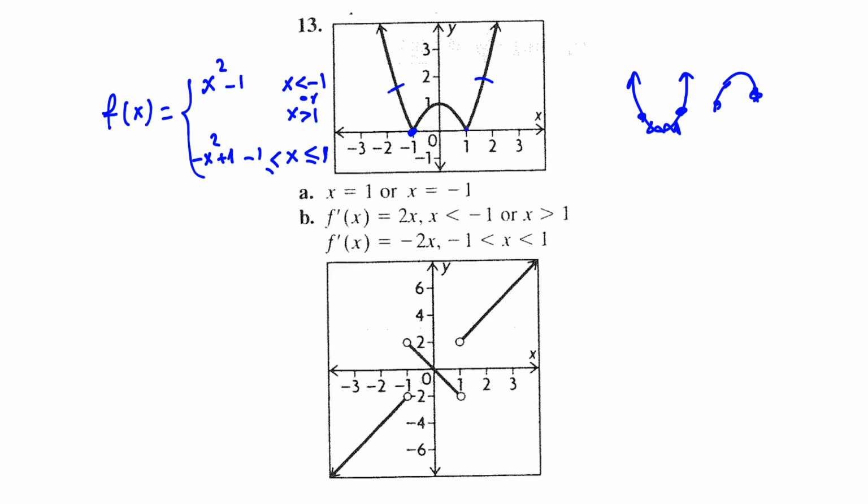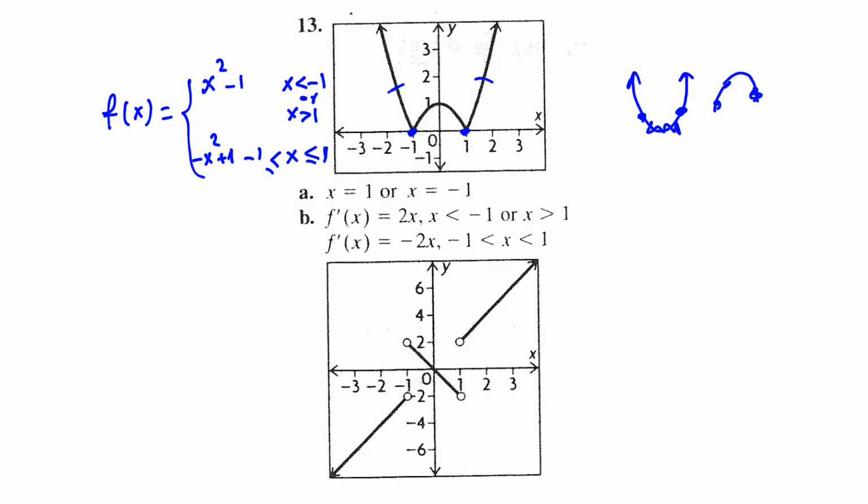At 1 and negative 1, we have corner points. The derivative does not exist there. The derivative of the function when x is more than 1 is 2x. When x is between negative 1 and 1 it is negative 2x. And when x is smaller than negative 1 it is 2x. The derivative does not exist at 1 and negative 1.